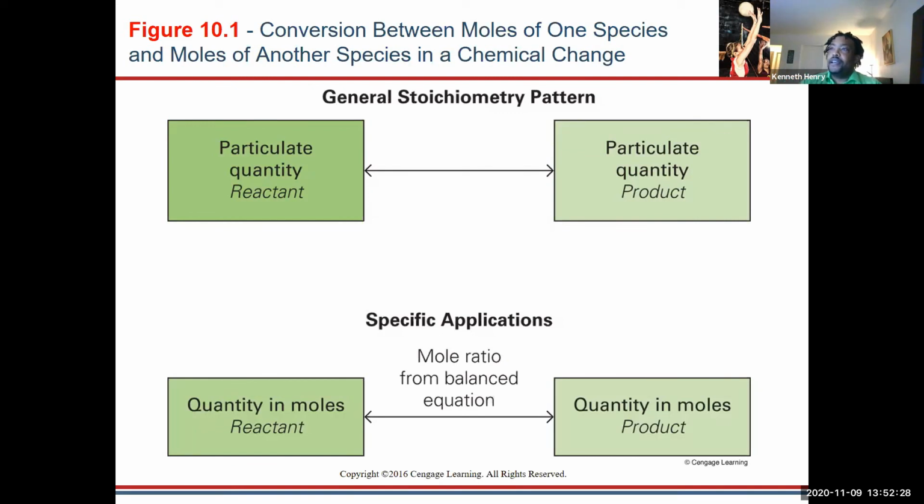Now when we're looking to determine how many products we can get from our reactants, we're going to use stoichiometry. This process is called stoichiometry.